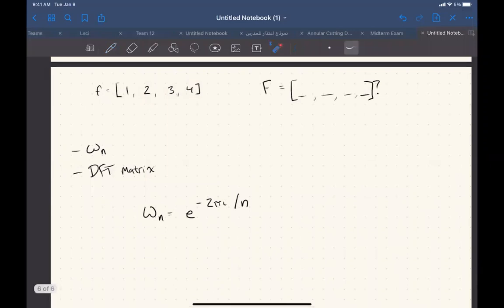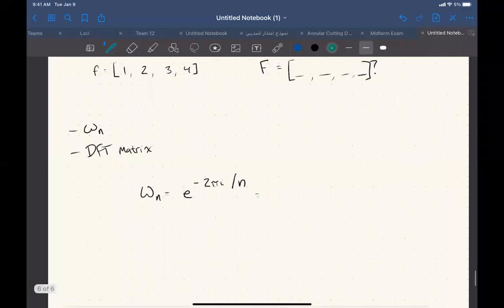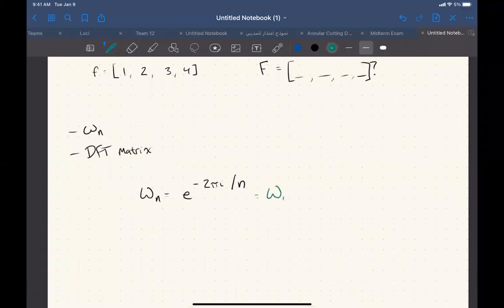So if n is 4, we could go ahead and write omega 4 is equal to e to the negative 2 pi i over 4, or that's equivalent to negative pi i over 2. Now, if you may recall Euler's equation.